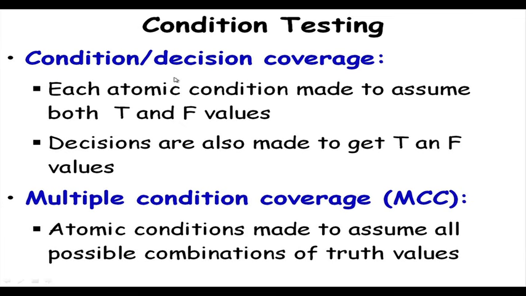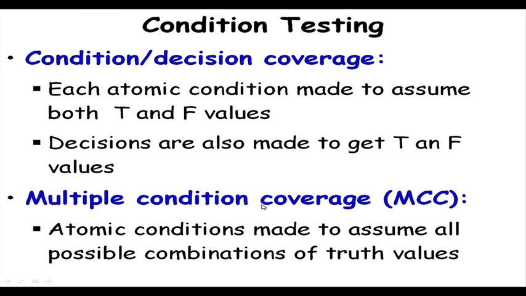But then we can insist that not only do we need basic condition coverage, we also want decision coverage. So, that is known as the condition decision coverage. Here each atomic condition should assume true and false values, and in addition we need to ensure that the decision itself gets true and false values.